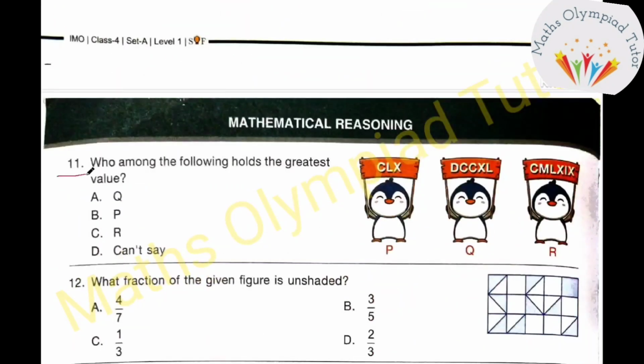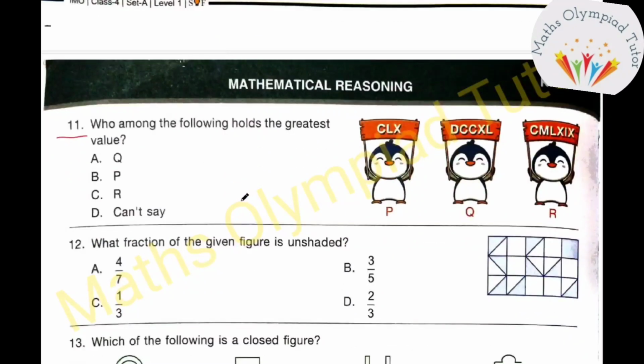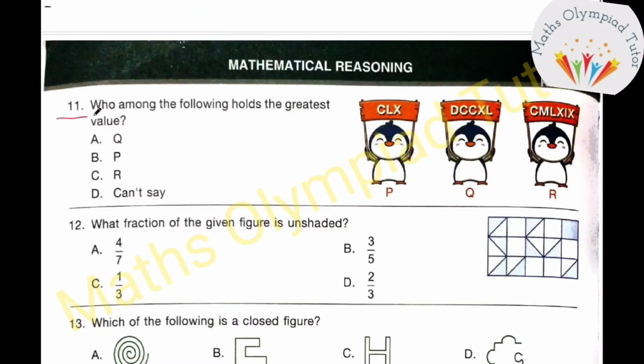Okay. Now we have mathematical reasoning questions. Question 11 says, who among the following holds the greatest value? In this the values are given in Roman numerals. We have to find their value, their numbers, and then we can compare. So the first is CLX.